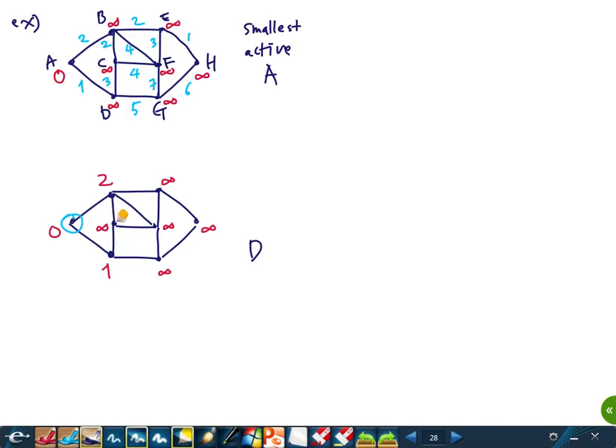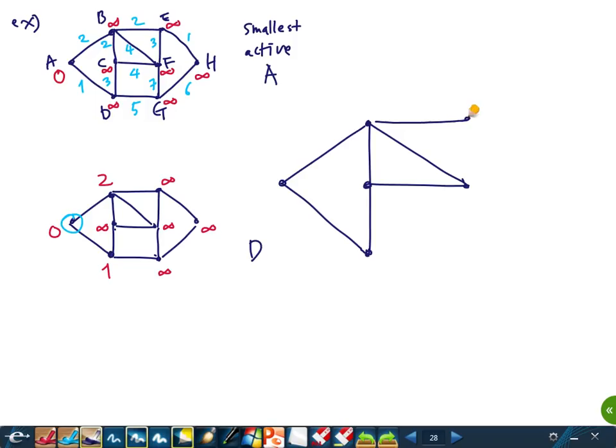Now look at all the active vertices adjacent to this. We don't consider this, which is inactive. So we can consider these two things, right? Now I'm going to draw this little big diagram, and then I'm going to work on this diagram only, because by now you have some idea what's going on.